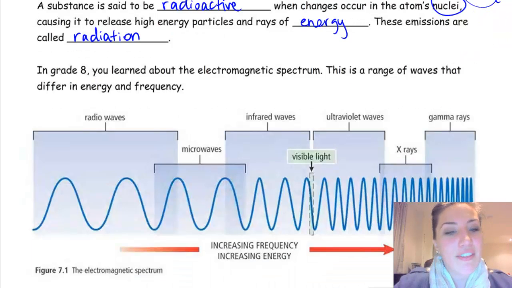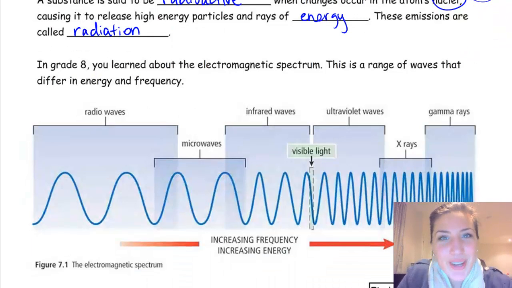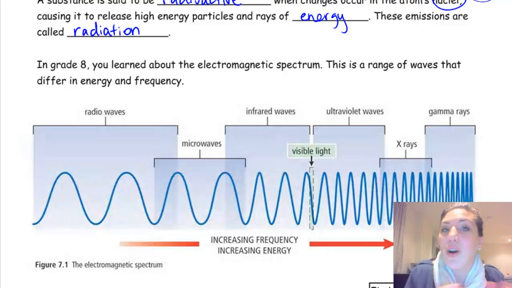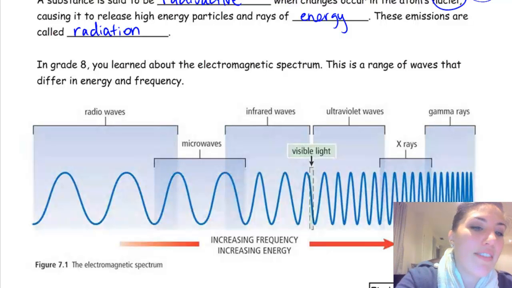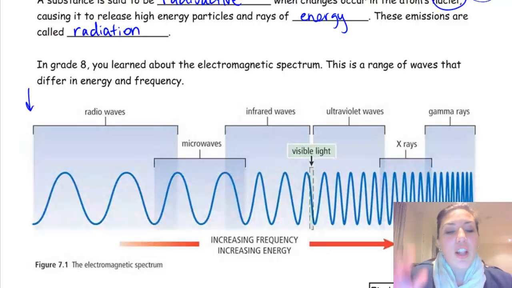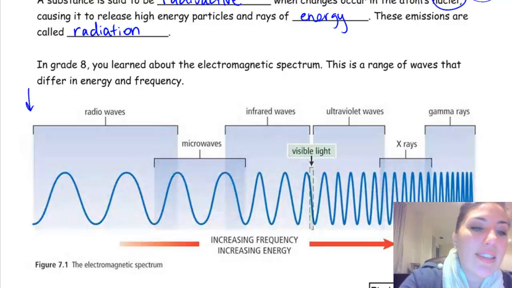So those are some terms that you should make sure you are familiar with. Here is a figure that you've seen before. In grade 8, you learned about visible light and you learned about the whole electromagnetic spectrum. Here on the left side of the spectrum, you have long wavelengths. So this is low energy, low frequency, and long wavelengths.